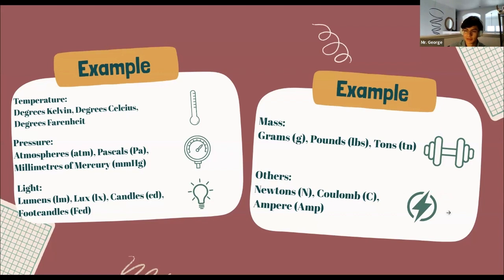Weight is how much an object weighs, like kilograms, pounds, etc. Mass is the whole object and how much material is actually in it. Yeah, right, that's good. So here we're going to have mass, pounds, and tons.